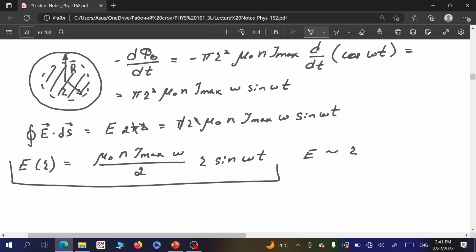Its first derivative over time will be equal to 0, and such a solenoid will not serve as a source of induced electric field. However, if the current is a function of time, there will be a time-dependent magnetic field, and this solenoid automatically becomes a source of induced electric field.